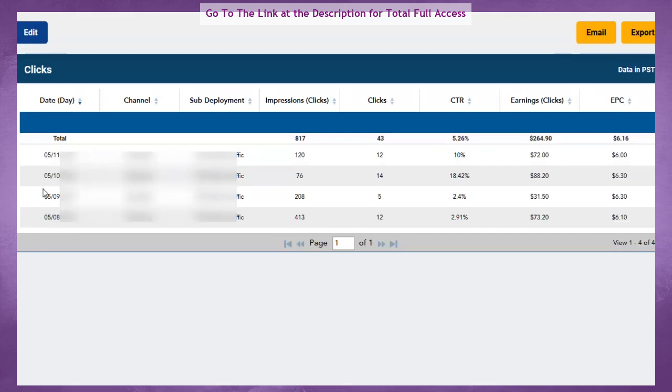And as you can see, I've got loaded up the exact same date right here up to today, the 11th of May. Alright, so started the campaign on the 8th, and you can see the payouts on this one. The average is actually $6.16 on that one, and you can see the earnings. They sort of jump around a little more on this network.